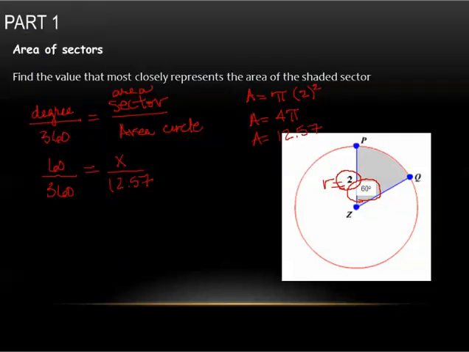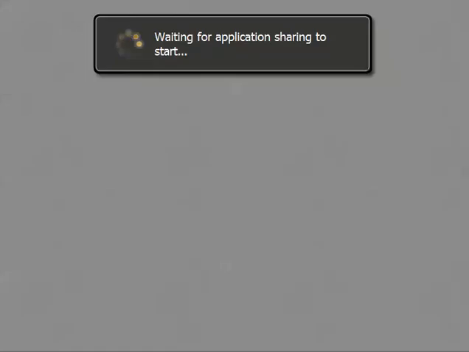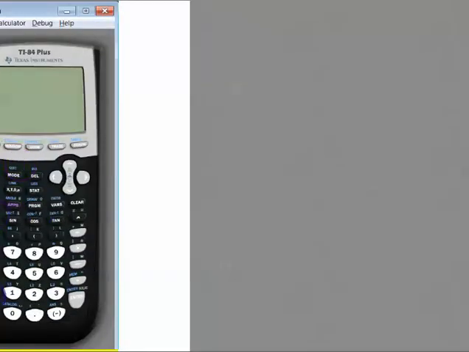Now then, you can reduce 60 over 360, and that's pretty easy to do. Now, if you don't have a TI calculator, you might have to look in your user manual to see how to do this, but I'm sure most calculators do it.